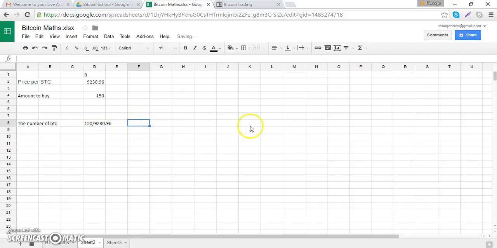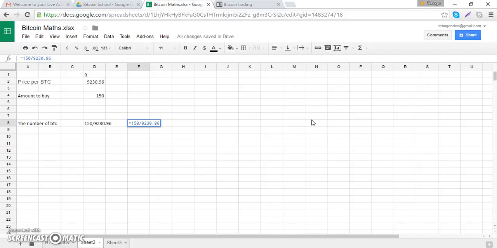This will give you, I'm just gonna write in a mathematical way, 150 divided by 9230.96. Remember, here we are looking for the number of partial bitcoins that you will need to buy with your 150 rand.